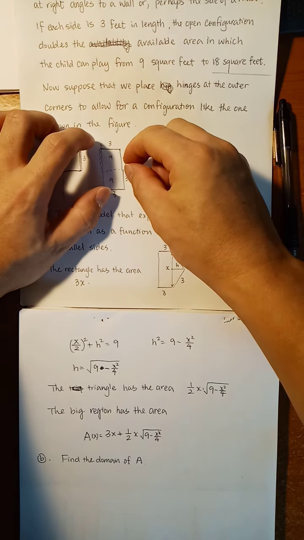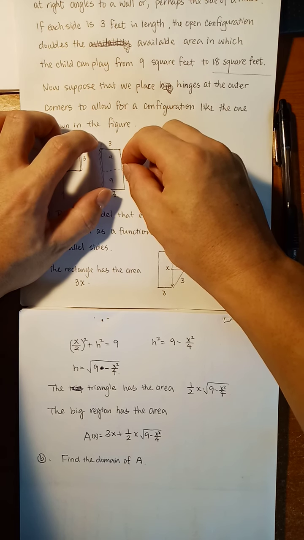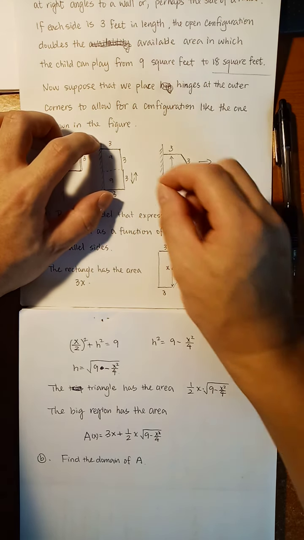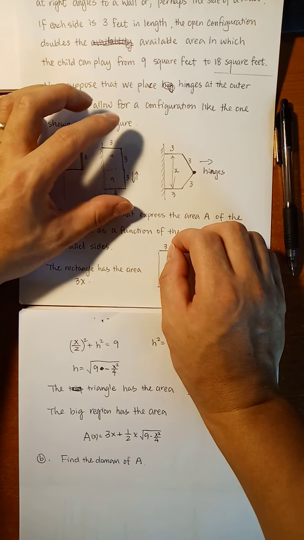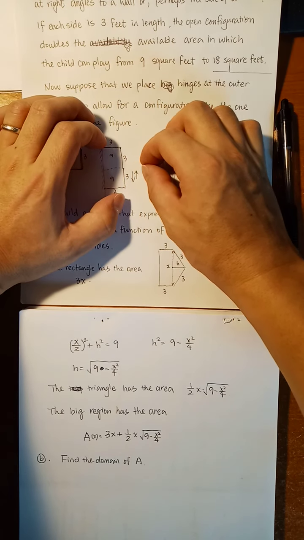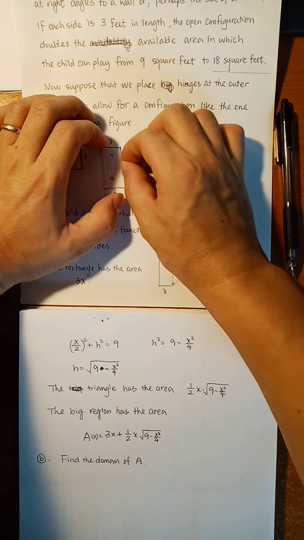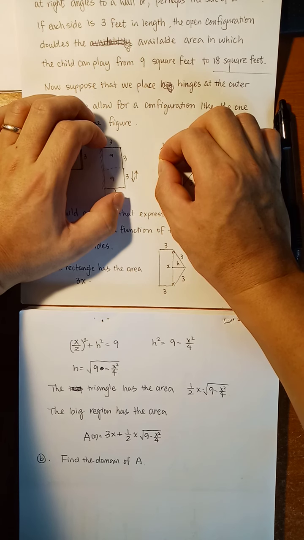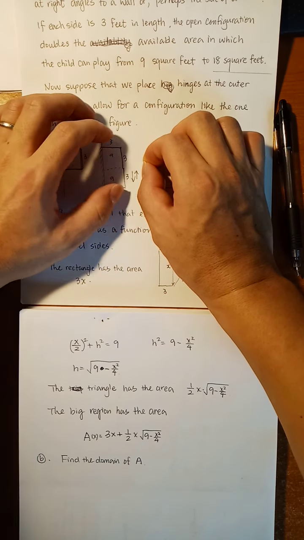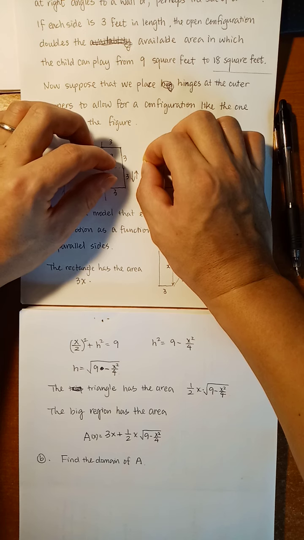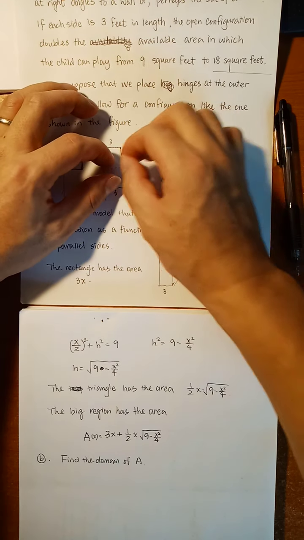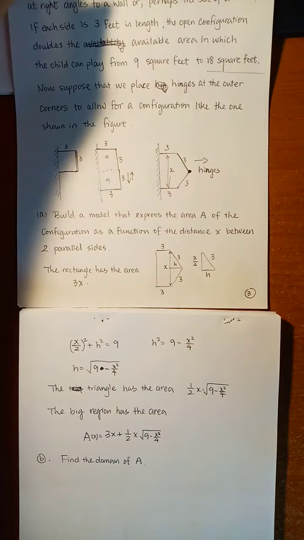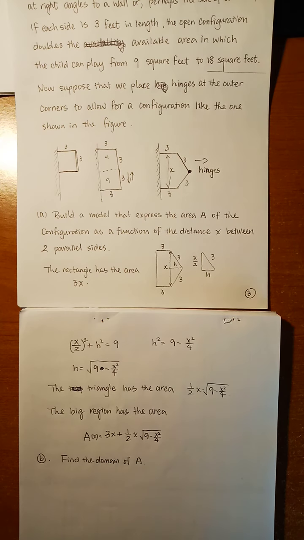Once you hold this hinge and pull it to the right, those two parallel sides approach each other, so x becomes smaller and smaller. When you pull this joint point to the first point, those two parallel sides approach closer and closer and almost 0. When that happens, x becomes 0, right?